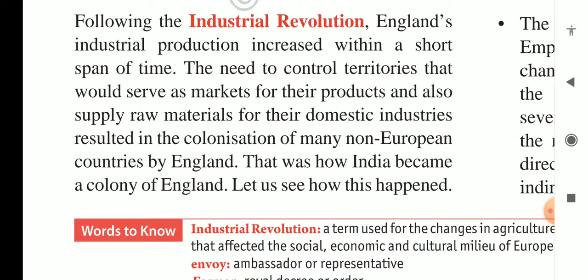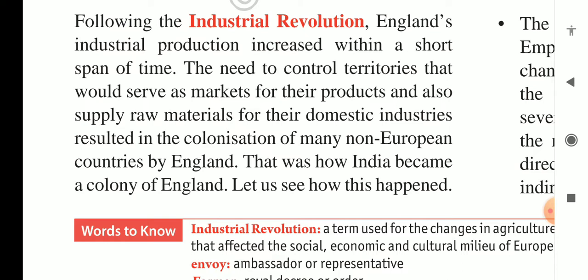It means it was the time when different technologies started coming out, and they started using that technology from agriculture to the manufacturing process. So tasks were being completed very quickly, and the manufacturing process produced more pieces compared to the manual process, because this was a machine-oriented, mechanical process.